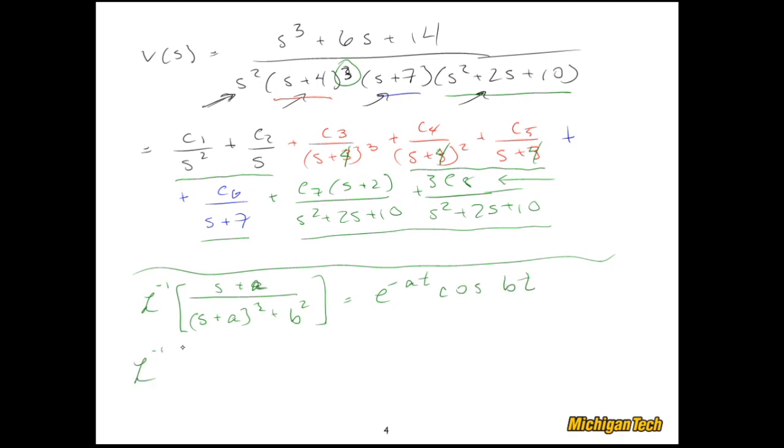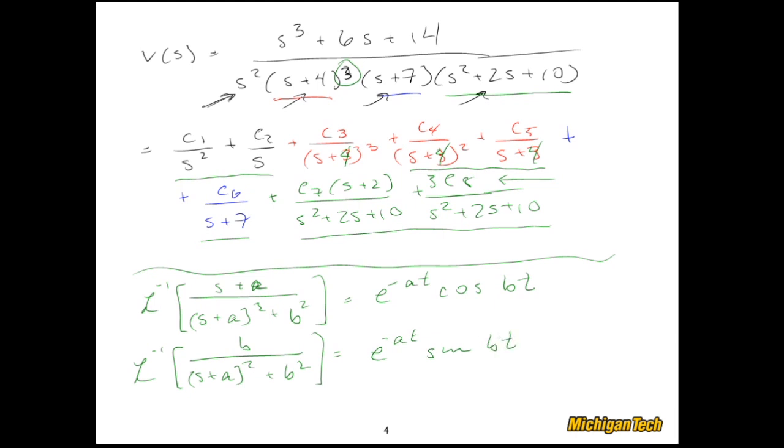And the inverse Laplace transform of b over s plus a squared plus b squared equals e to the negative at sine bt.